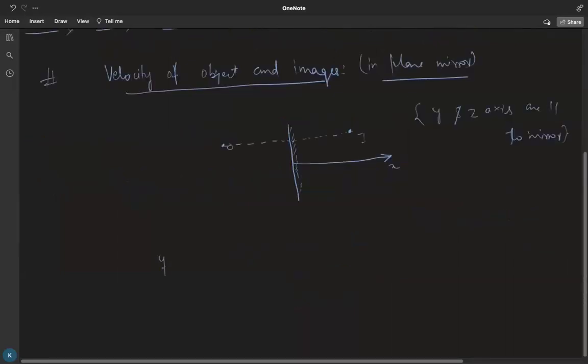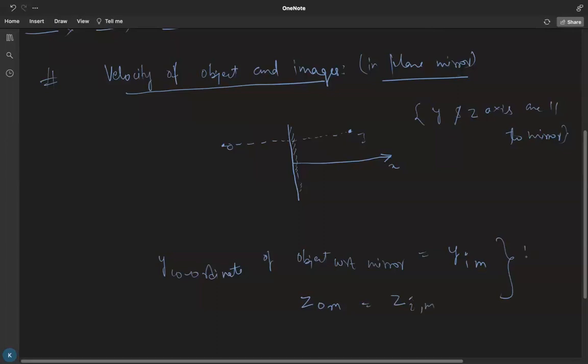Now, the y coordinate of the object with respect to the mirror is equal to the y coordinate of the image with respect to the mirror. Or the z coordinate of the object with respect to the mirror is equal to the z coordinate of the image with respect to the mirror.